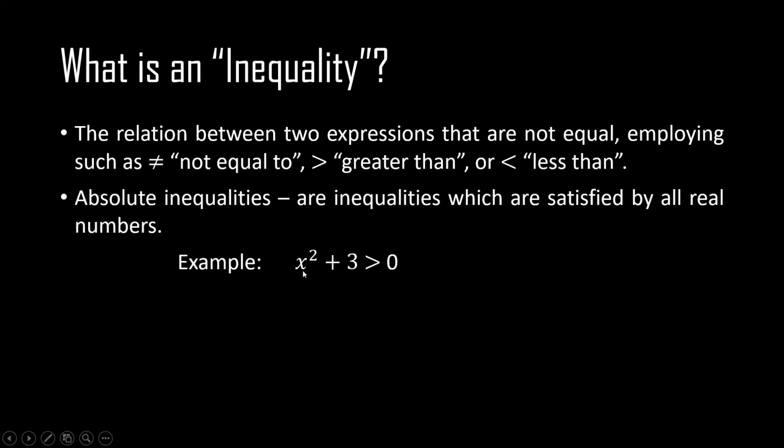You can try 1, because 1 raised to 2 is 1, plus 3 is greater than 0. The statement is always true as long as the value that you are going to substitute for the variable x is a real number.